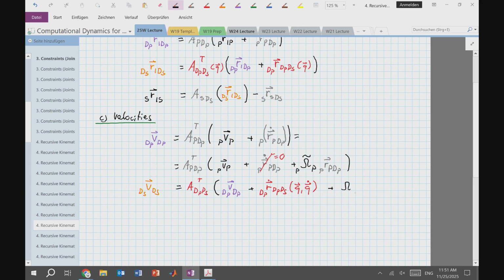Plus, back here, omega dp in dp coordinates multiplied with this original vector r dp ds. And of course, all of these red vectors depend on q and q dot and so on.